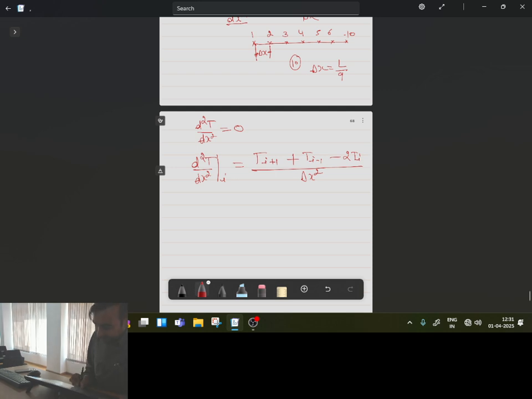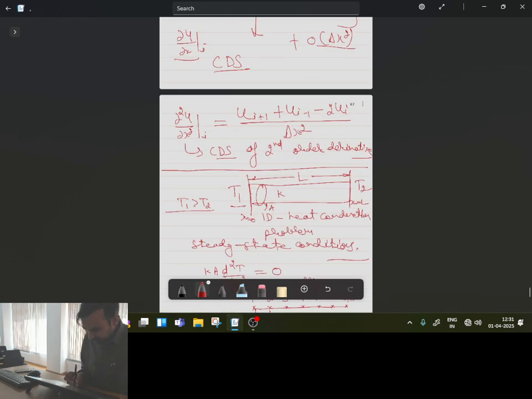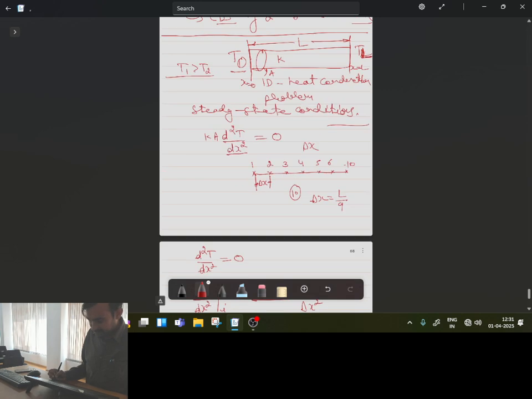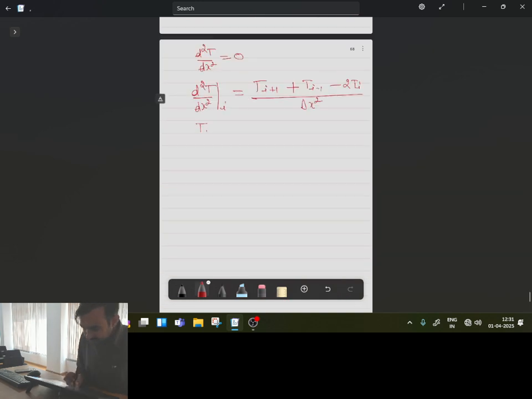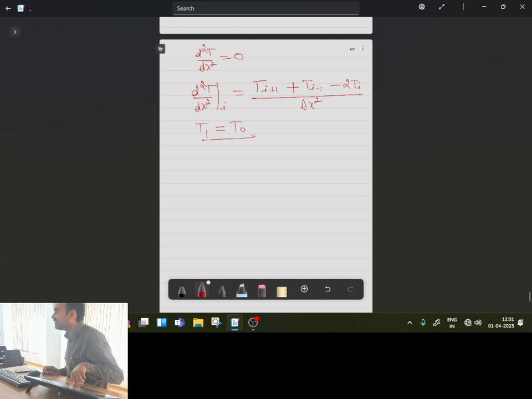Now I need to define boundary conditions. My first node has temperature equal to T1, or to make it more generic, let me write T naught, and this TL. So T naught and TL. So the first node has what temperature? T naught. For the node for which temperature is already known to us, I need not solve the equation.